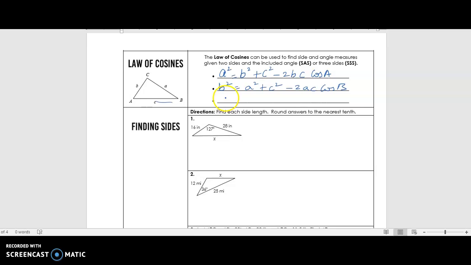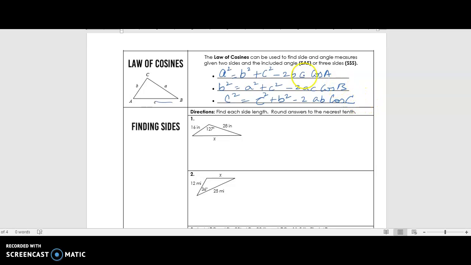Now the third thing is c squared. You can pause and play and write this by yourself: a squared plus b squared minus 2ab cosine of angle C. Okay, so this is the pattern that we're talking about.